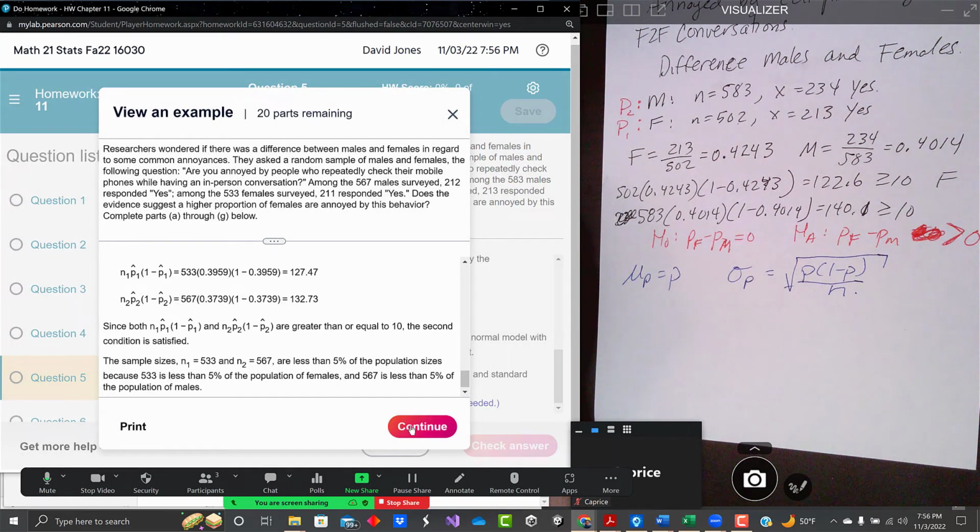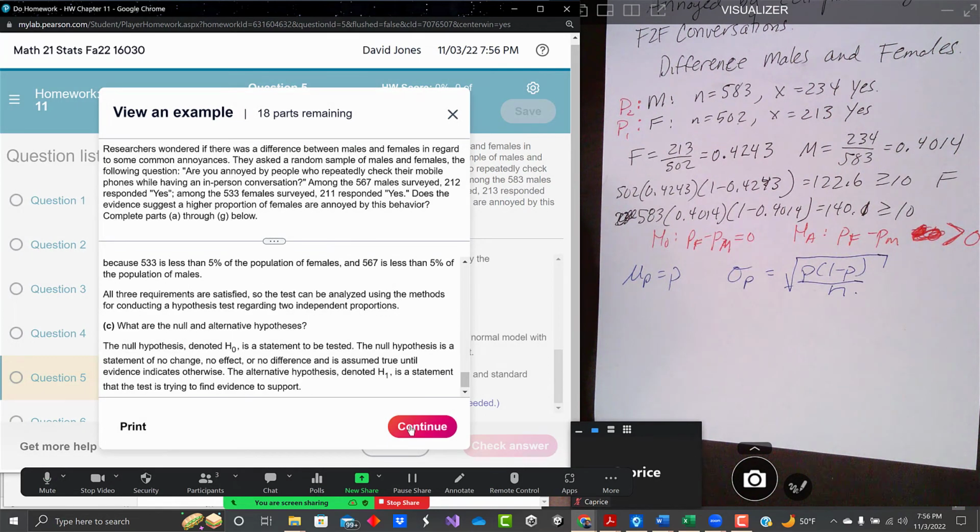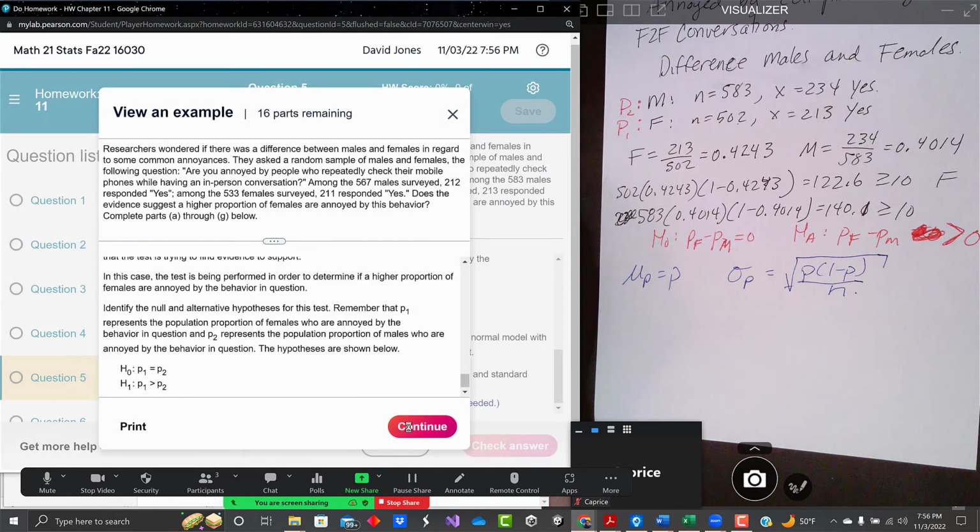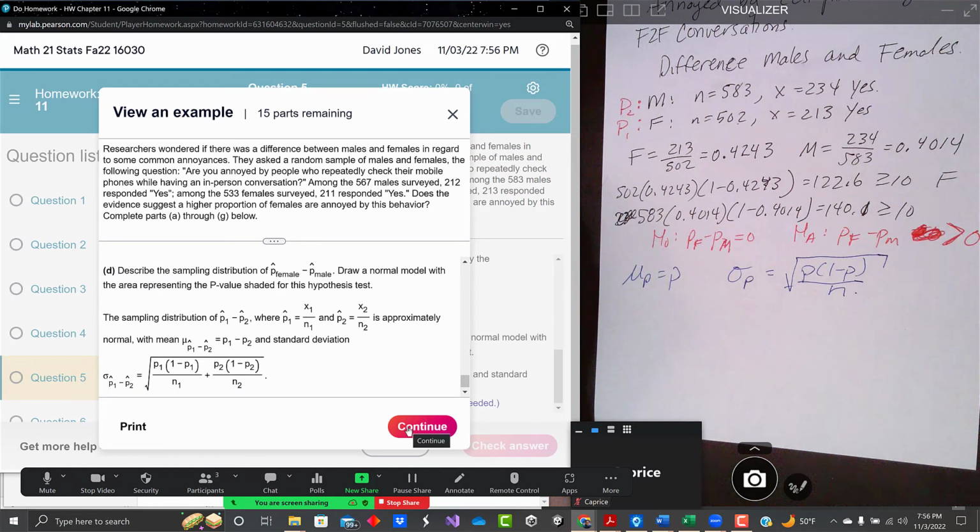Really? Are they really going to make us calculate it by hand? I guess they are.